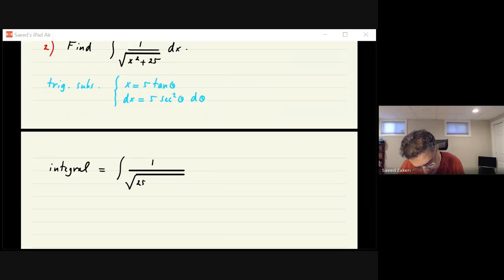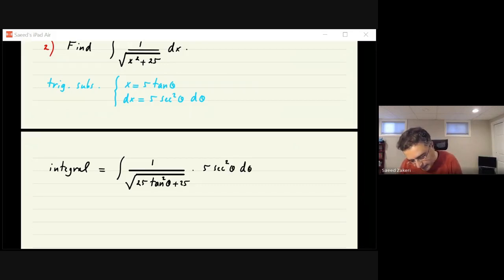Again, this is something that you should be able to easily do in your head, this step, but since I'm trying to explain everything in detail, I'm writing down every single step. And then dx is, oh, I'm sorry, 25 tangent squared theta plus 25. And then dx is 5 secant squared theta d theta.